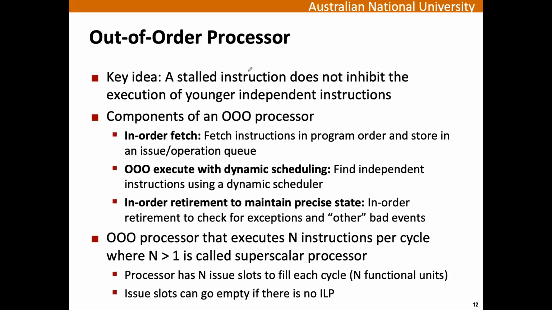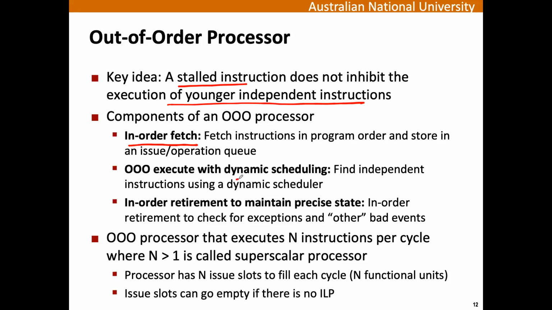So the key idea of an out-of-order processor is that a stalled instruction does not inhibit the execution of younger independent instructions. The key components of an out-of-order processor: you fetch instructions in order. There's a front end which fetches instructions from memory in program order. You don't want to fetch instructions out of order.